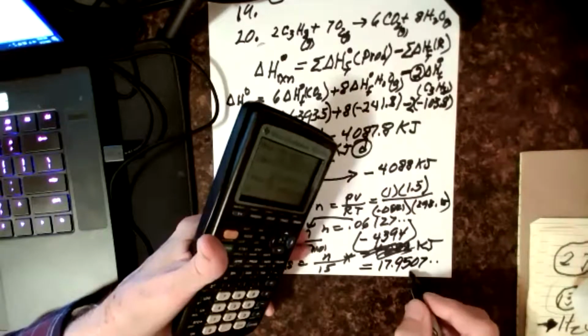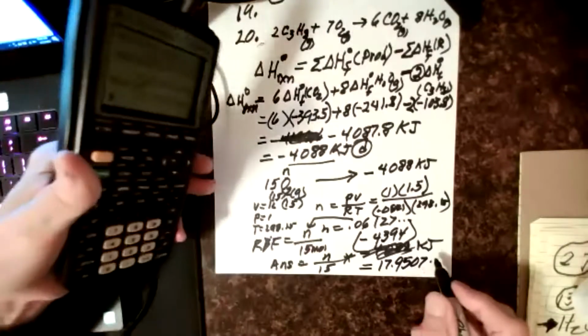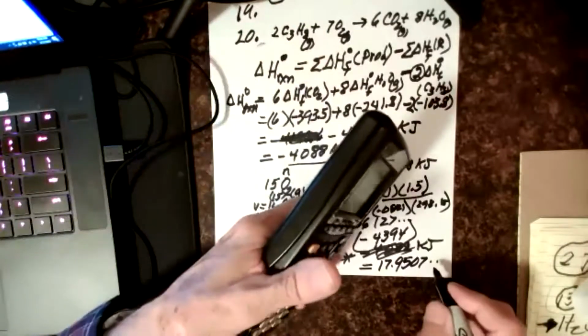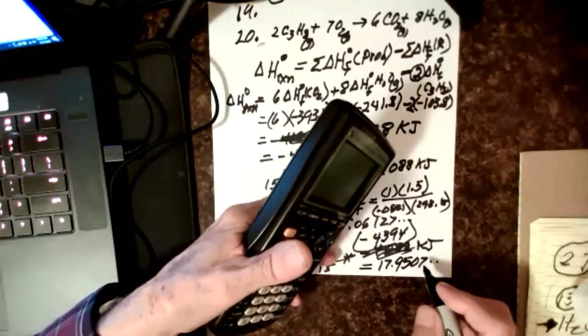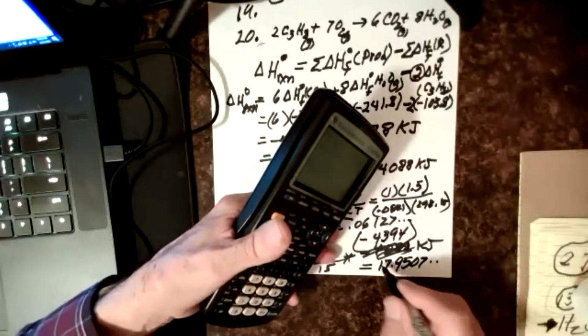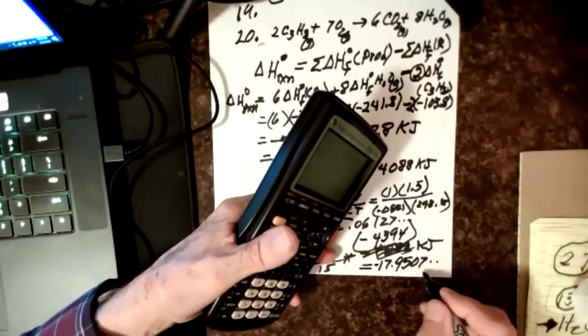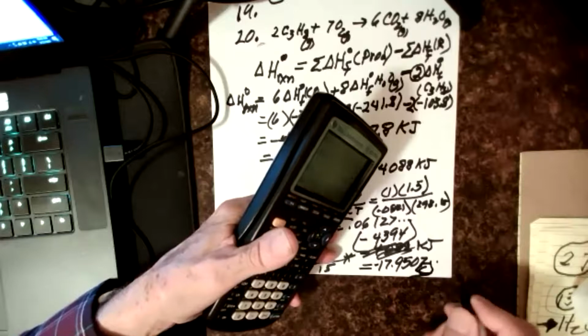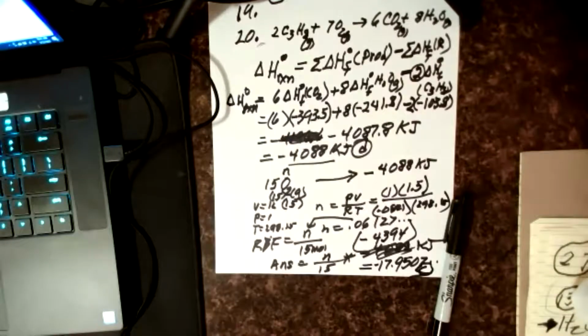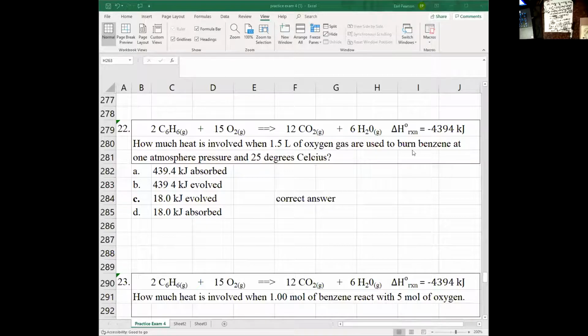That would round off to 17.8, I'm sorry, 18.0. Evolved, it's negative, so that would be response C. And pause, screen share so you can see the choices I gave you too. See, I wanted you to understand that if it's negative, the heat is evolved, and it's an exothermic process. If it's positive, then this would have been the answer.